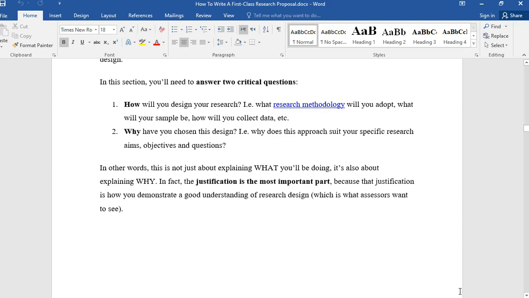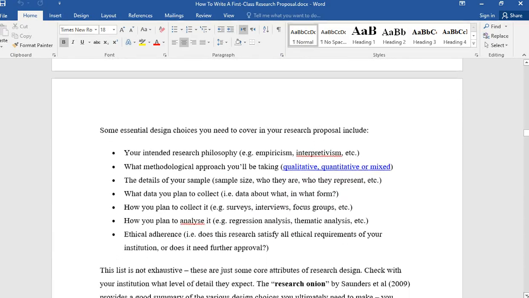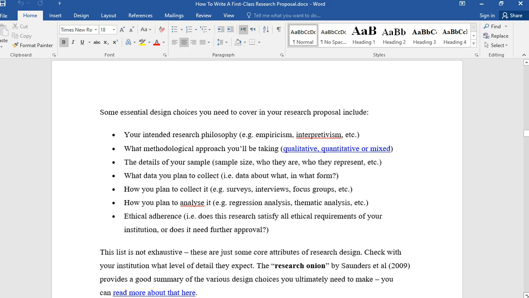And some essential design choices you need to cover in your research proposal include your intended research philosophy. For example, is it empiricism? Is it based on interpretation, or interpretivism, etc.? What methodological approach will you be taking?